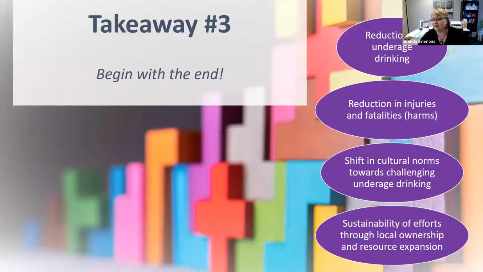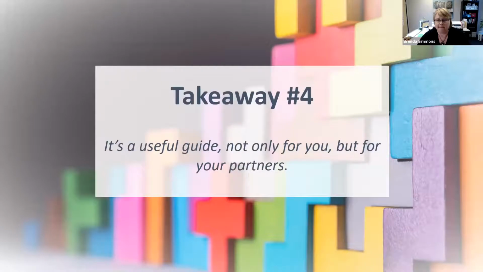Begin with the end. Start with your vision for change. Start with the change you want to see in the world and focus on that and build your logic model based on that. And use this logic model that you can create as a guide, not only for you, but for your partners.